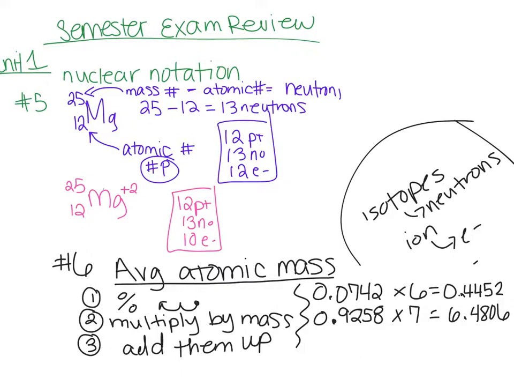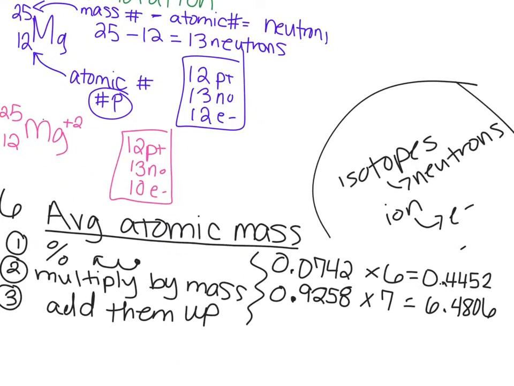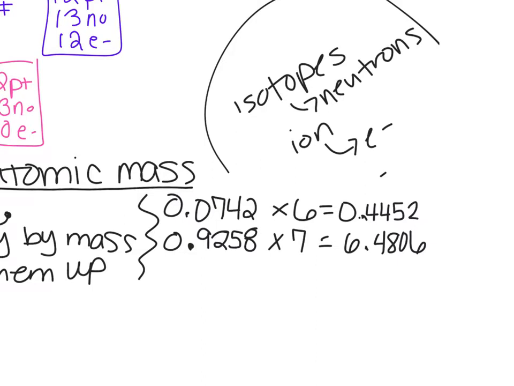Notice I am not rounding right now. Once I have those, I would add them up, and I would get 6.9258, and that's when you can finally round your answer if we ask you to.